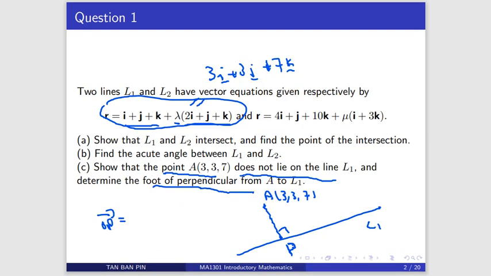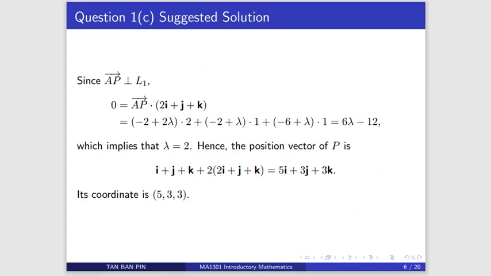Because P is the foot of perpendicular from A to L1, AP will be perpendicular to L1. So AP dotted with the direction vector of L1 must give you 0.